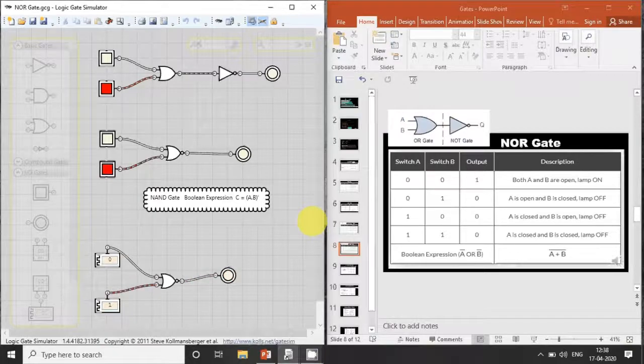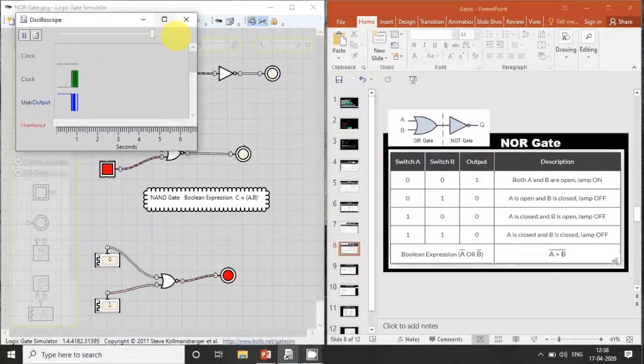In this case, the output is equal to 0. But in this particular case, as the input pulse is continuously changing, 0 1, because this is a clock pulse, the output is also correspondingly changing. Now this is shown as per the switching diagram.